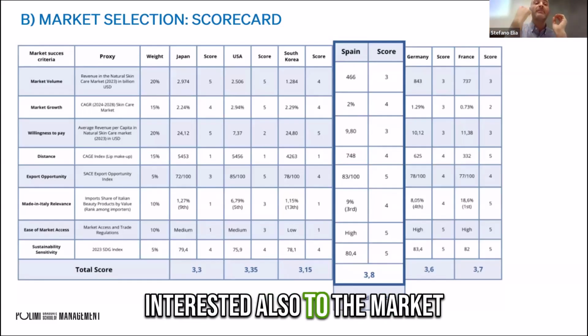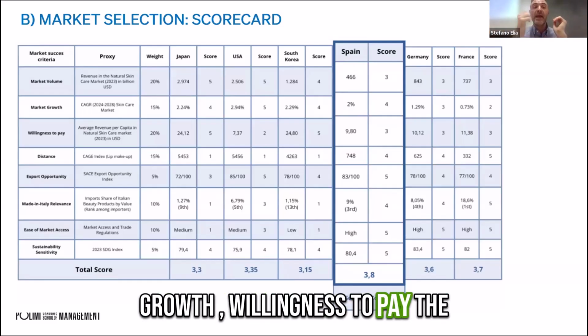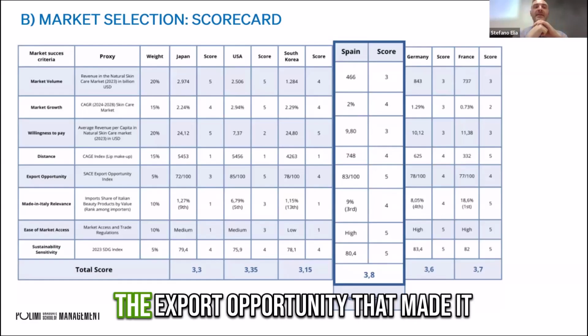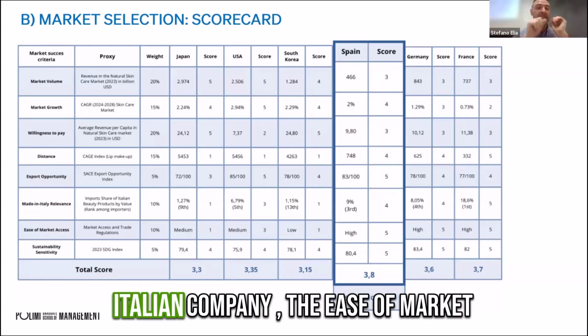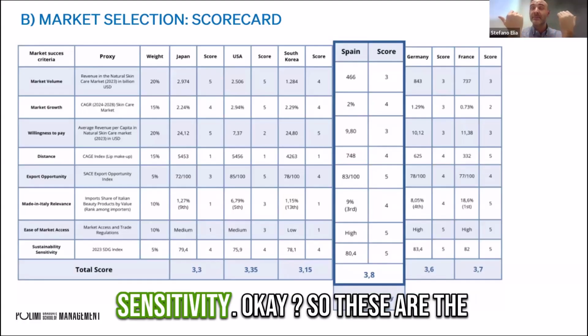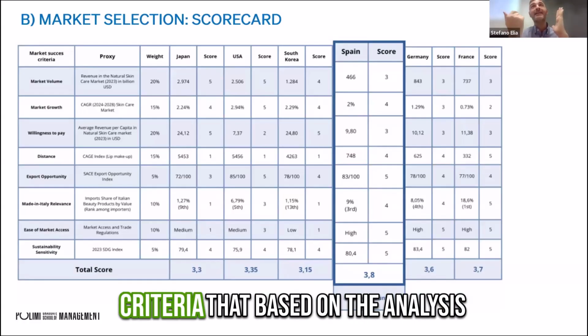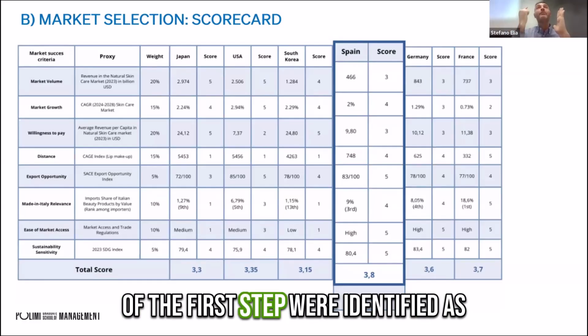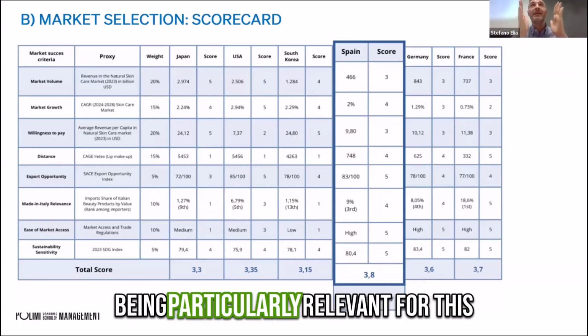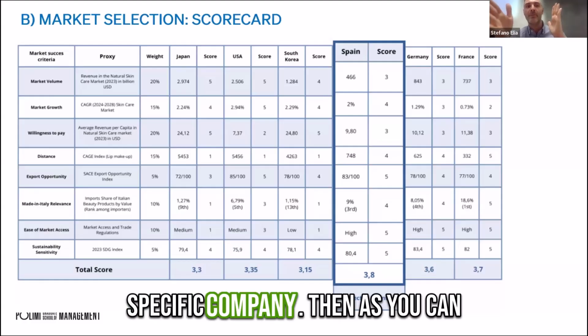They were also interested in the market growth, willingness to pay, the distances, the export opportunity, the made in Italy relevance because it was an Italian company, the ease of market access, and the sustainability sensitivity. Okay, so these are the criteria that, based on the analysis of the first step, were identified as being particularly relevant for this specific company.